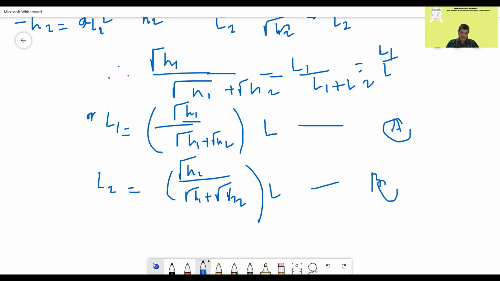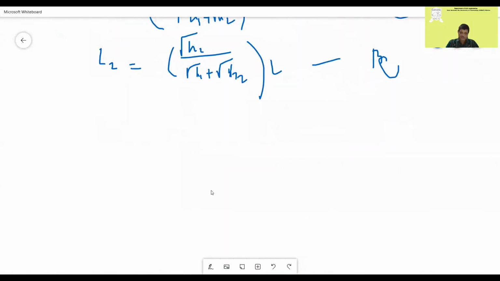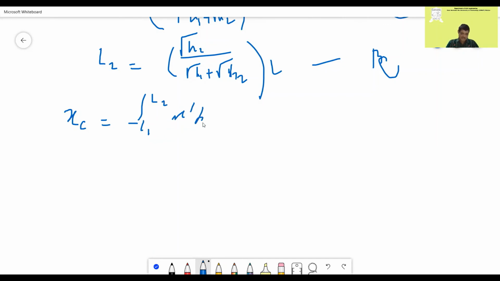Now x dash y dash is your origin, and we want the elastic center distance. You can find xc. So xc will be equal to the integral from minus L1 to plus L2 of x dash dx, divided by the integral from minus L1 to plus L2 of dx.